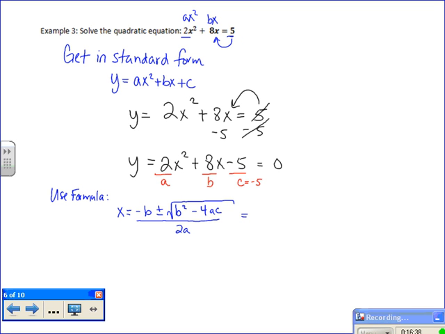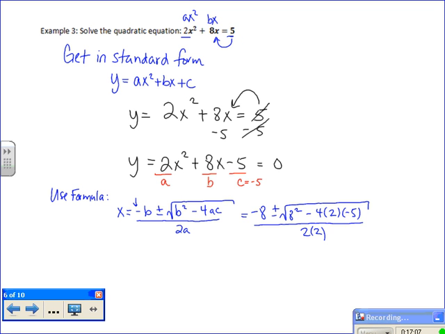So let's go ahead and plug in those values. For b, I have 8, so I have negative 8. That negative comes from the negative in the formula, plus or minus the square root of 8 squared minus 4 times a, which is 2, times c, which is negative 5, all divided by 2 times a, which is 2.